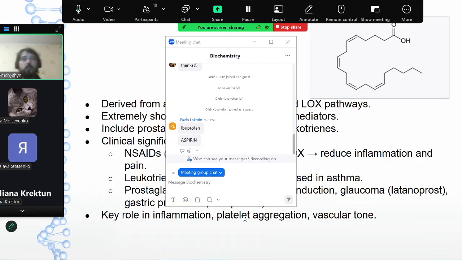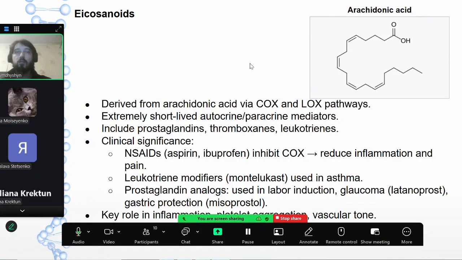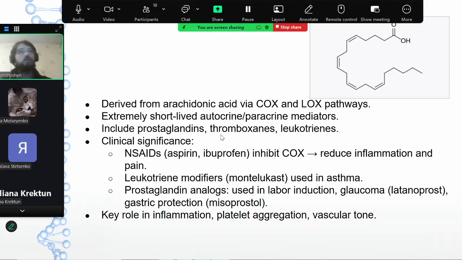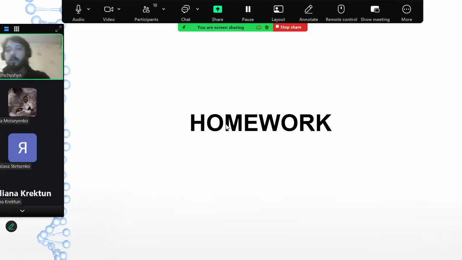I guess acetylsalicylic acid is the main chemical compound of aspirin, and it is an inhibitor of COX-1 and COX-2 that basically synthesize these eicosanoid molecules from arachidonic acid. So if you go to DrugBank and read something about aspirin, I guess you will get a little more information on that.